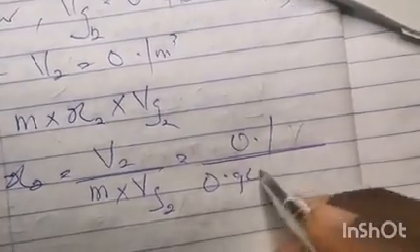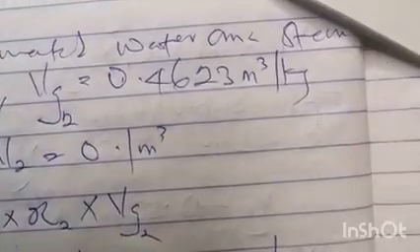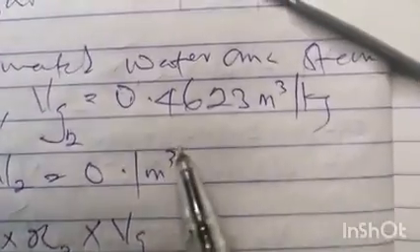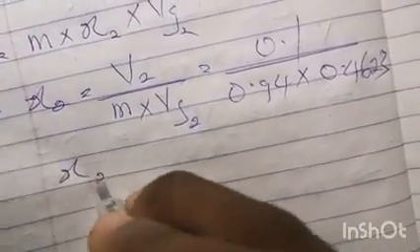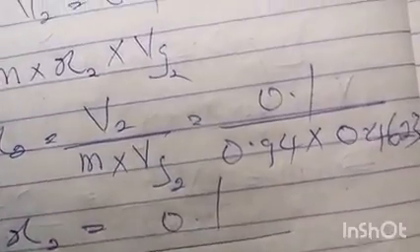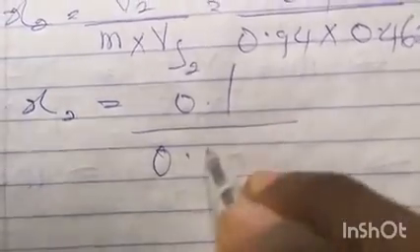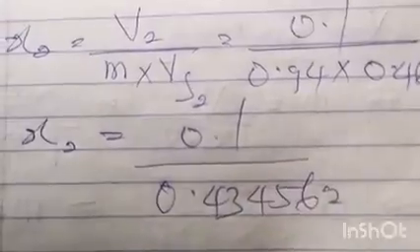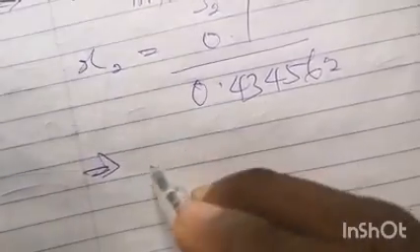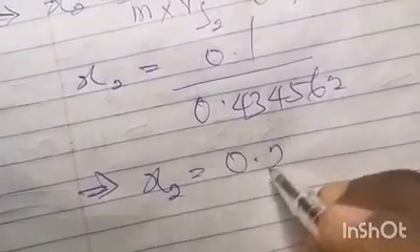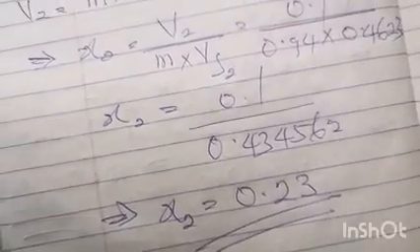That is 0.1 all over 0.94 times 0.4623, which is 0.1 over 0.434562. So X2 is simply 0.23.